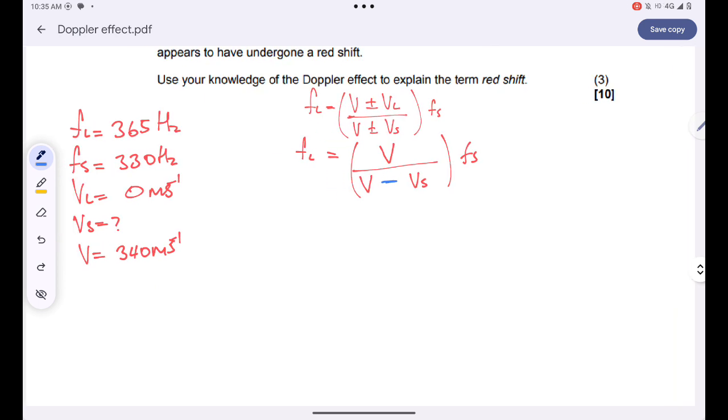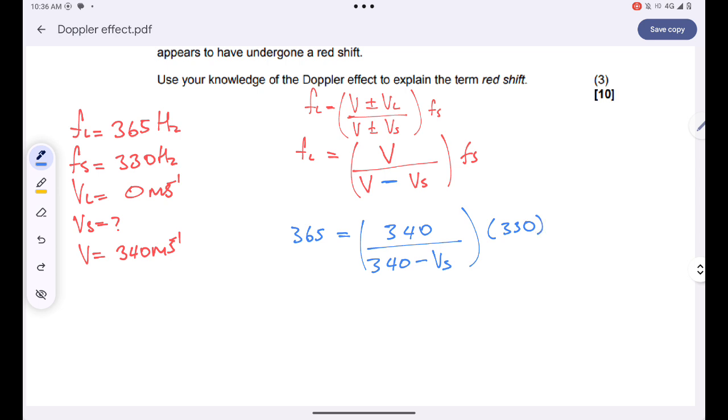The frequency of the listener is simply 365, and then that's 340 meters per second. I still have 340 minus vs, and then the frequency of the source, it was 330 Hertz.